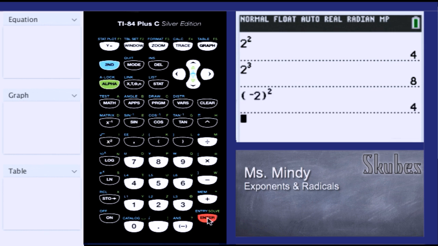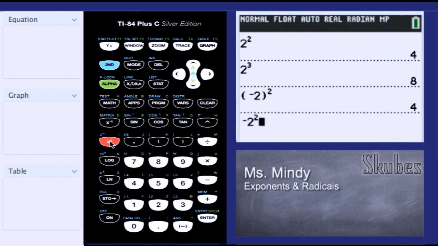Negative 2 times negative 2 is a positive answer because a negative times a negative is a positive. If you forget the parentheses and you type in negative 2 squared, mathematically what you've typed in is the opposite of 2 squared. The calculator does not understand that you want to multiply negative 2 times negative 2.